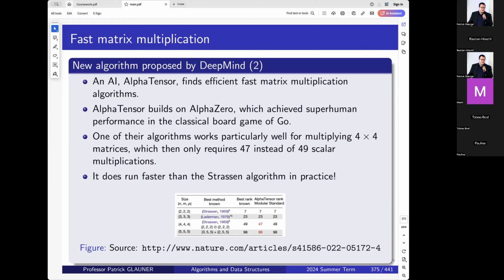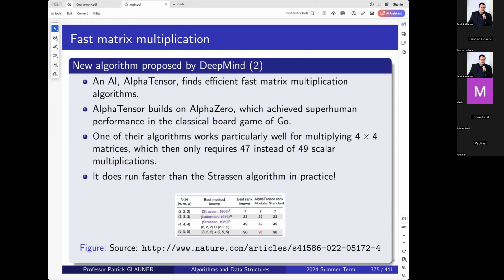And the AI proposed by DeepMind is called AlphaTensor, and it's an AI that finds fast matrix multiplication algorithms. It actually builds on AlphaZero, and AlphaZero is one of the AIs that achieved superhuman performance in playing the board game of Go.